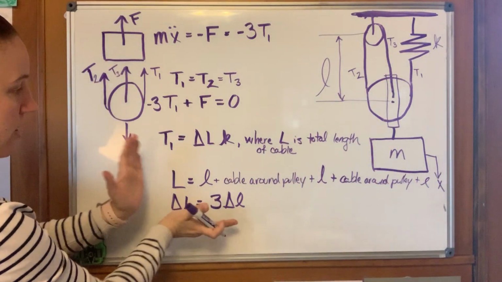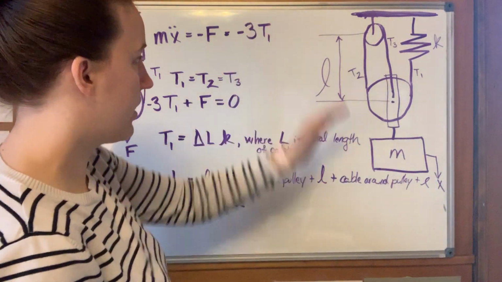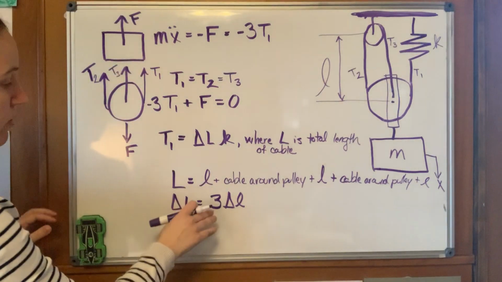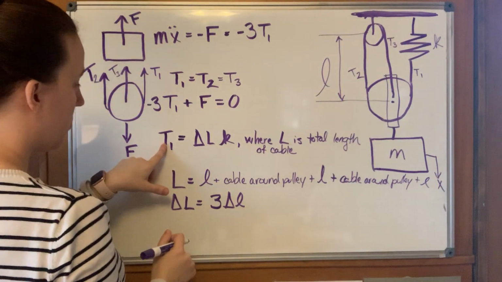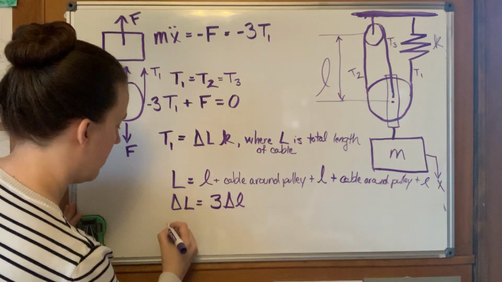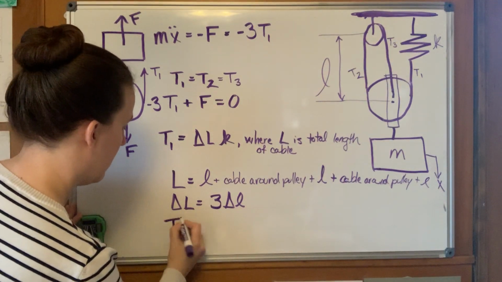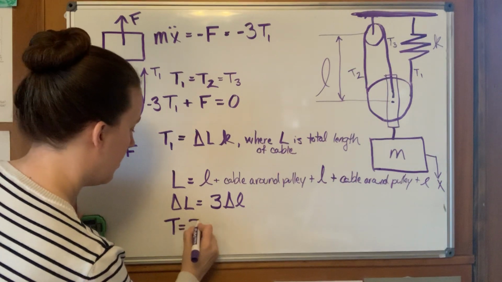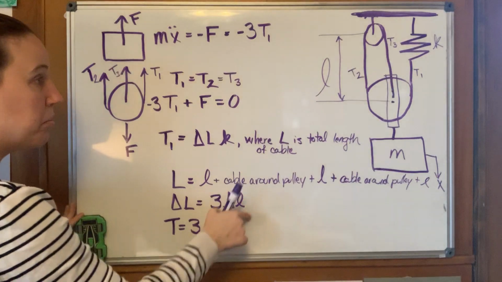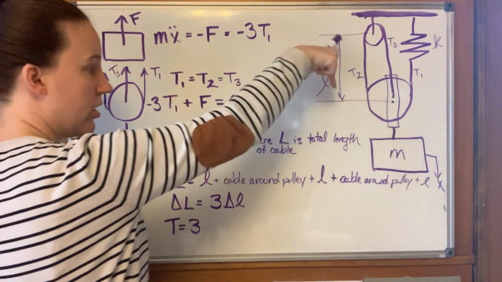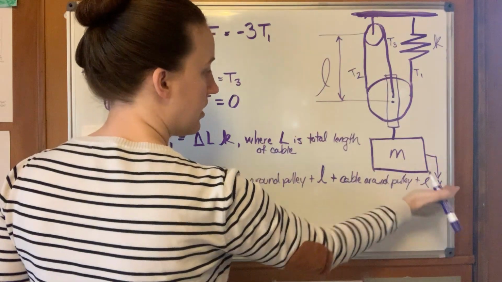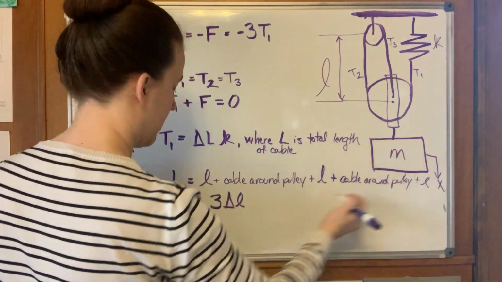All right, so it kind of took a long time to get there, but I hope that makes sense. Feel free to ask questions in the discussion. But okay, so now we know that the tension T1 is going to be equal to k times the change in L. But if you look at this change in L, however much L changes, this displacement from equilibrium, x, is also going to change.